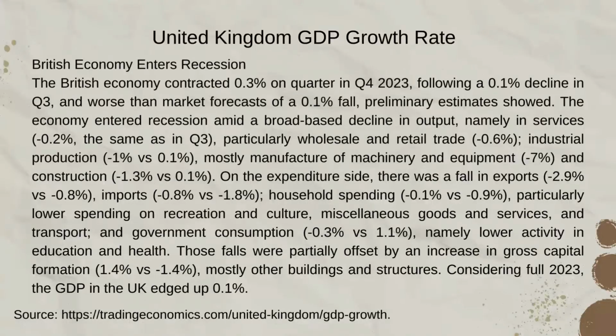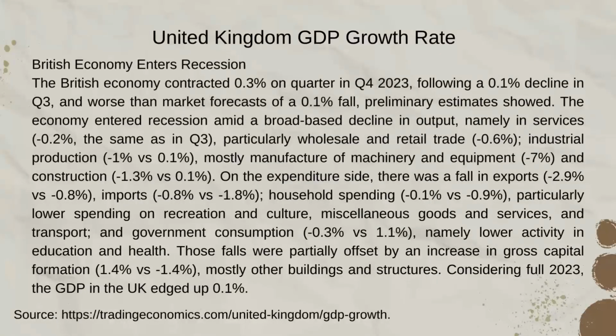United Kingdom GDP growth. The British economy contracted 0.3% on quarter in quarter 4 2023, following a 0.1% decline in quarter 3 and worse than the market forecast of a 0.1% fall, preliminary estimates showed.